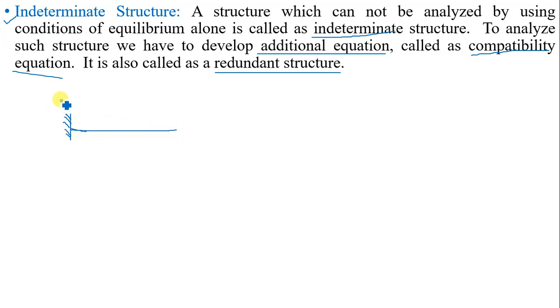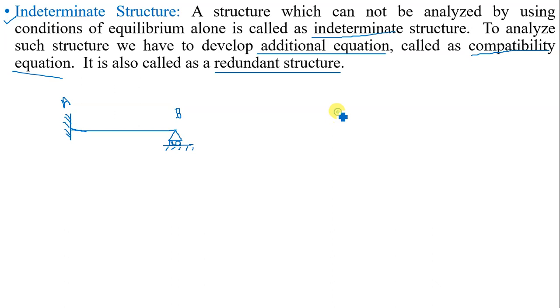This is a beam fixed at A, this is the free end B, and at B the beam is supported on a roller.